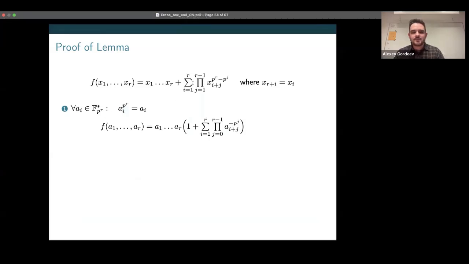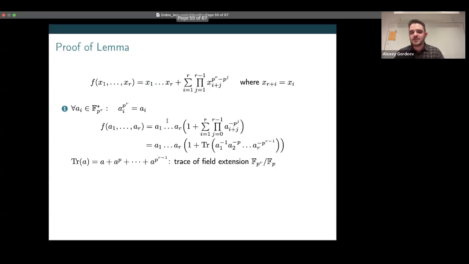That means that if we rewrite this expression in a slightly different way, if we take the product of all a_i outside and replace p to the r here with 1, then this expression would turn into this expression. And what's in the brackets here is actually just 1 plus the trace of some expression, where trace is the trace function of the field extension of F_{p^r} over F_p. It's defined like that.